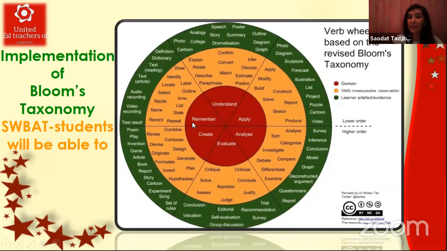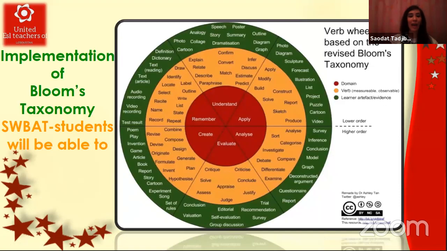So, while designing the objectives of your lessons, you should always pay attention to Bloom's taxonomy. Many people ask what the difference is between content and language objectives and how to implement them. Many people think it's very difficult to design them, but actually, it's not difficult.